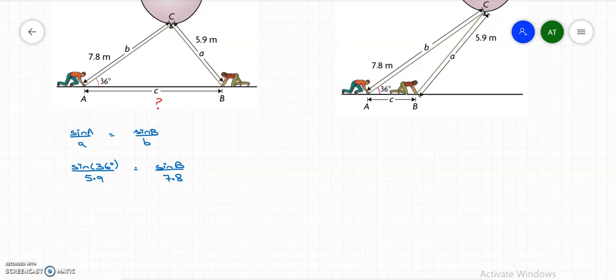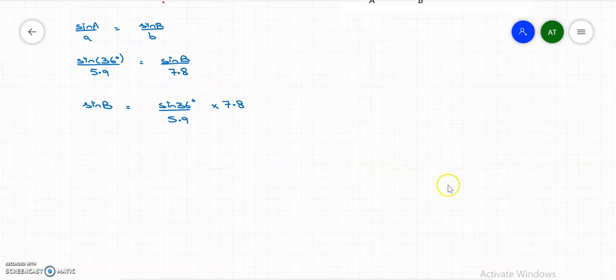Let me simplify. To get the value of B, sine B equals sine 36 degrees over 5.9 times 7.8.